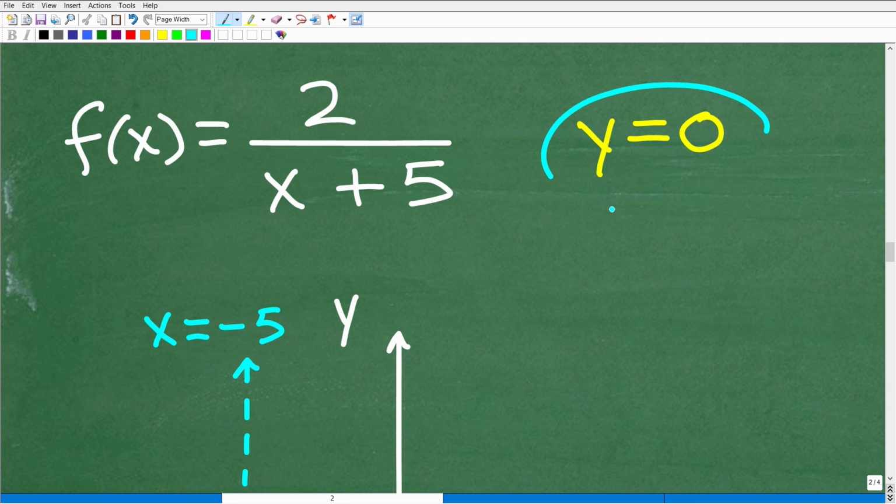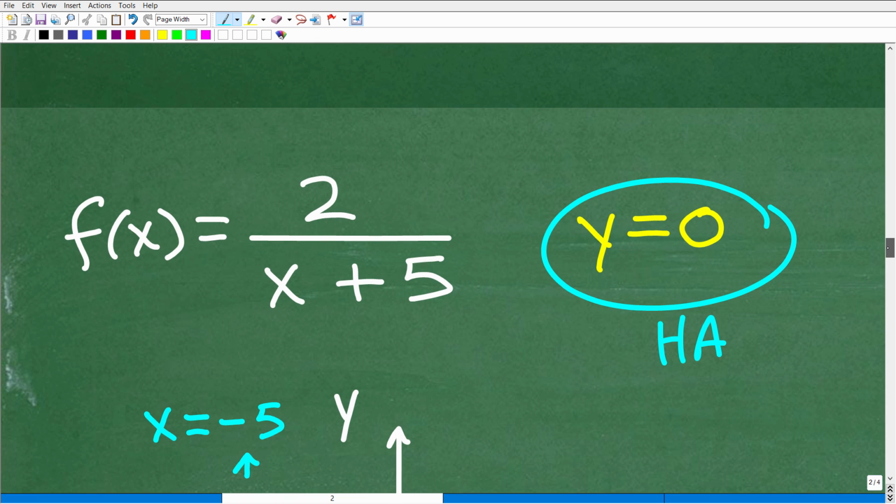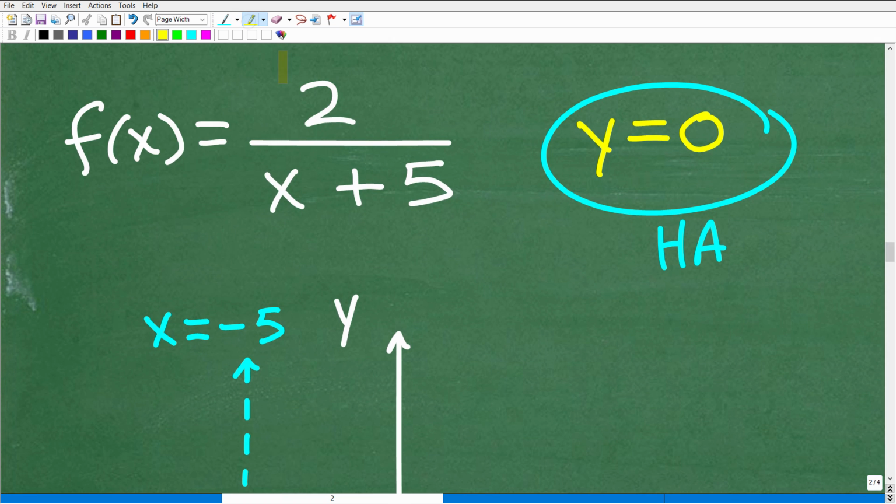So we have y equals 0 as a horizontal asymptote, and we already figured out that x is equal to -5 is a vertical asymptote. Remember, we went ahead, let me just show you right here. We set our denominator function equal to 0 and solved for x. So we got x is equal to -5.